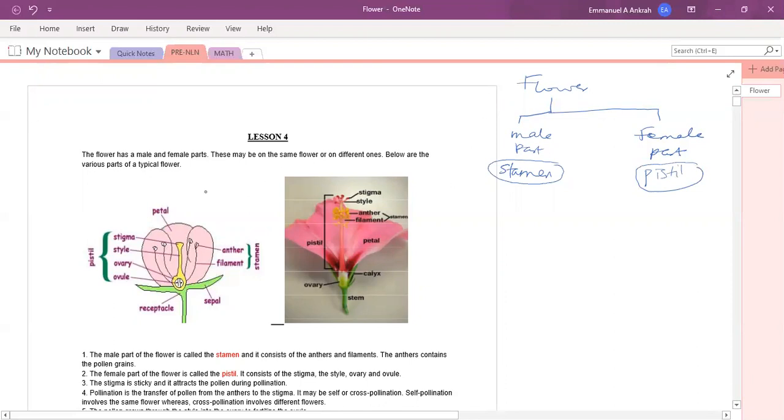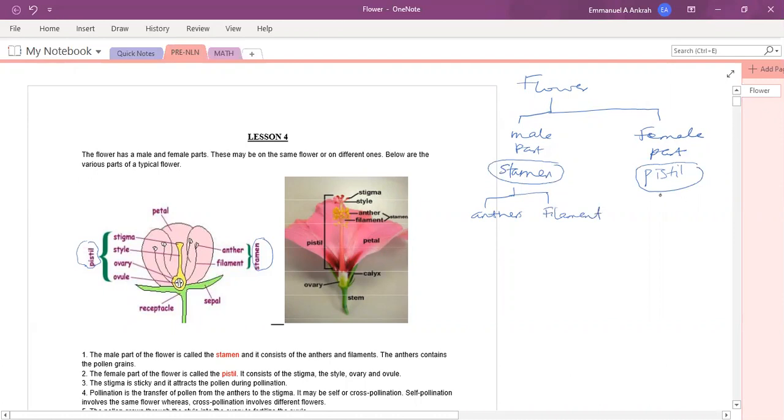If you look at the diagram over here, this is a pistil, the female part. And the stamen is the male part, made up of the anthers and the filaments.